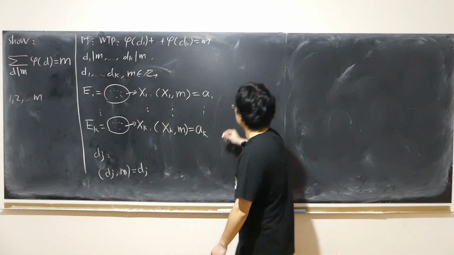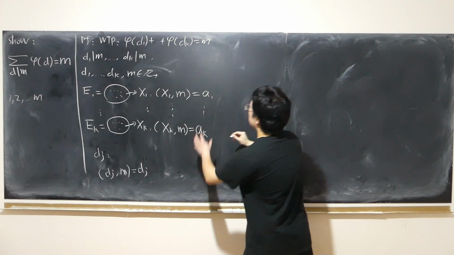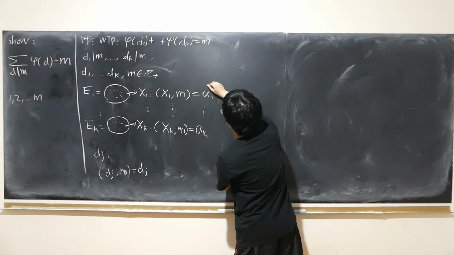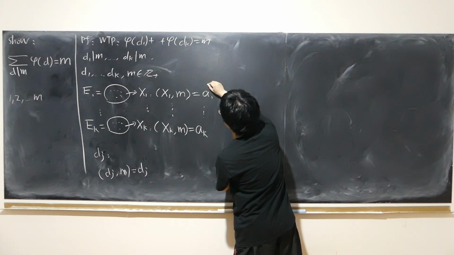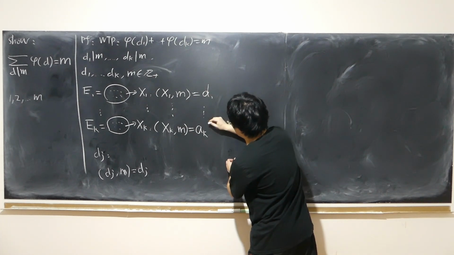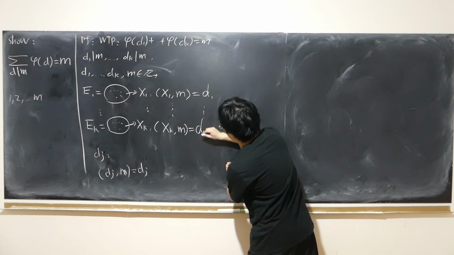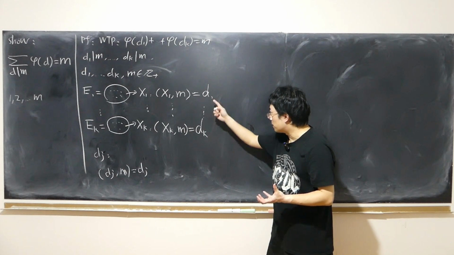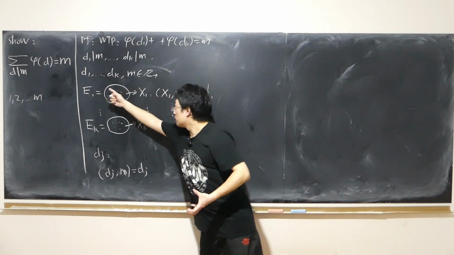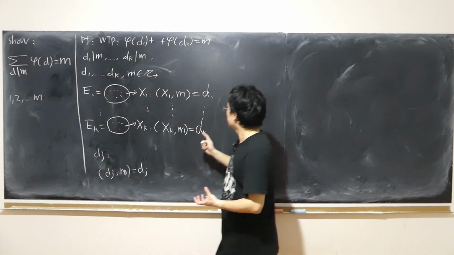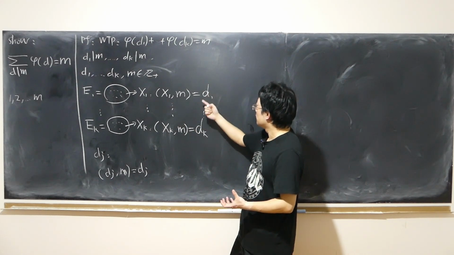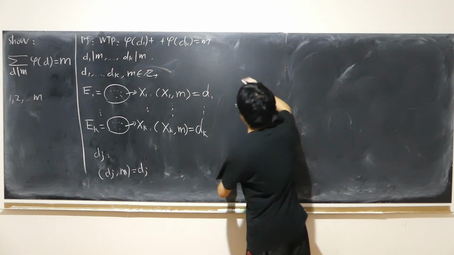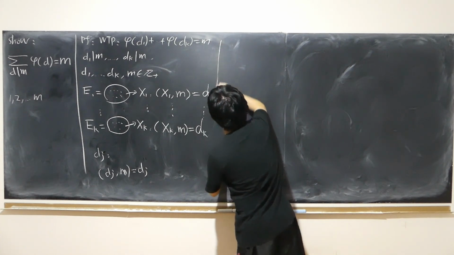So, with a one-to-one correspondence, without loss of generality I can rewrite a1 as d1, a2 as d2, all the way up to ak as dk, because I can reorder them. Since they are in one-to-one correspondence, after reordering they become d1, d2, and dk. This is justified.